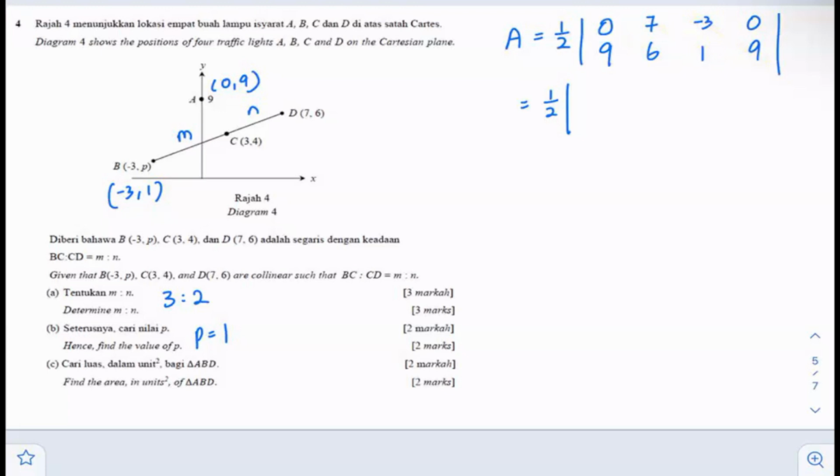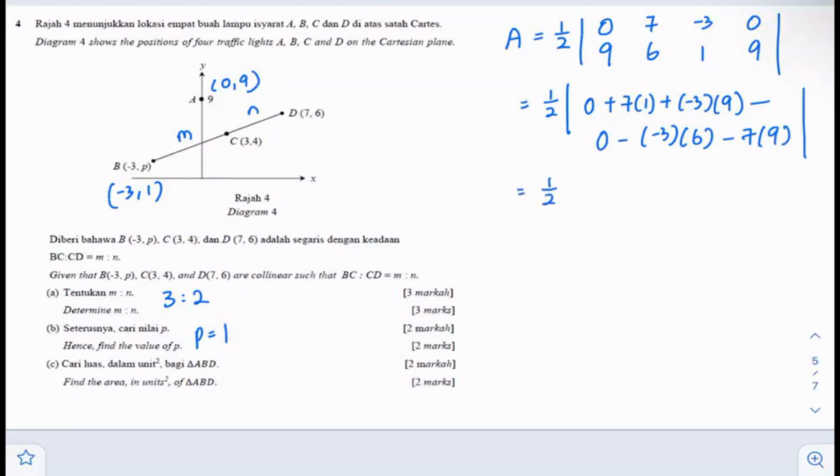So this will be 0 plus 7 multiplied with 1 plus -3 multiplied with 9. Then we minus 0 multiplied with 1, -3 multiplied with 6, and 7 multiplied with 9. So minus 0 minus -3 with 6 minus 7 with 9. And we close back the modulus.